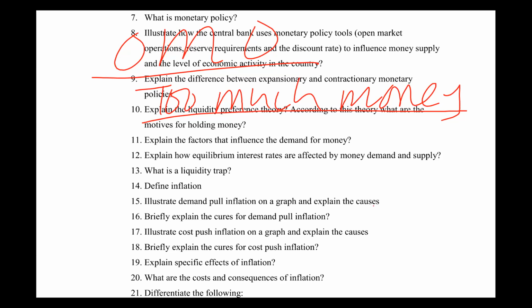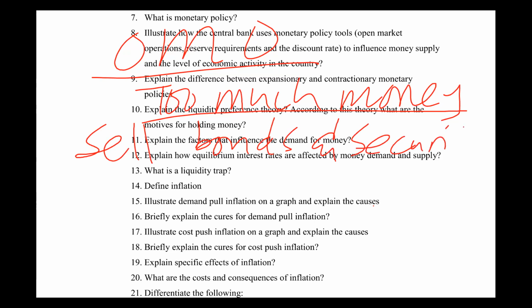So how do they reduce the supply of money? Via open market operations. They sell the bonds and the securities, such as the treasury bills and the government bonds.